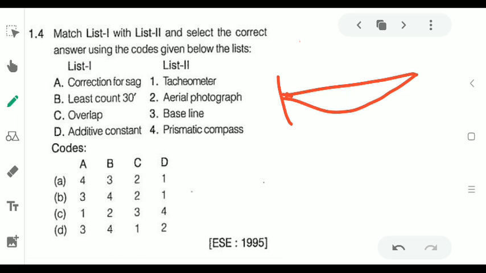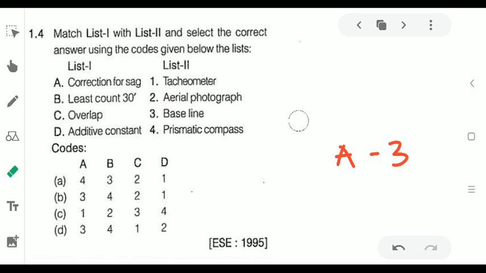So the measured distance would be more. So to avoid this, we apply the correction for sag. And as we know, the most important line that is to be drawn in chain surveying, that is baseline. तो सबसे इम्पॉर्टेंट और जितने भी करेक्शंस होंगे सबसे पहले हम बेसलाइन में अप्लाई करेंगे. सो योर करेक्शन फॉर सैग, दैट इज वैल्यू A मैचेस विद वैल्यू 3 ऑफ लिस्ट 2.